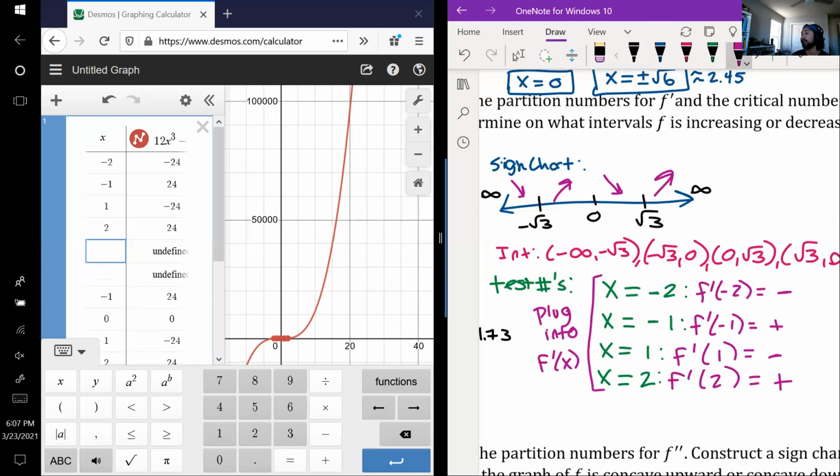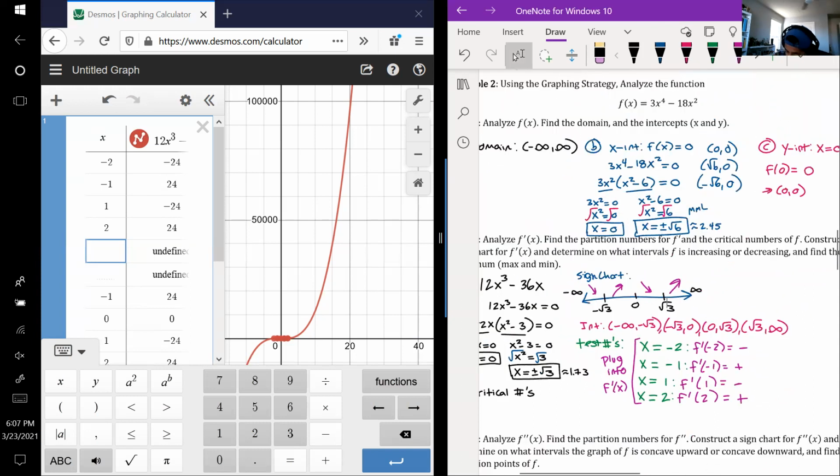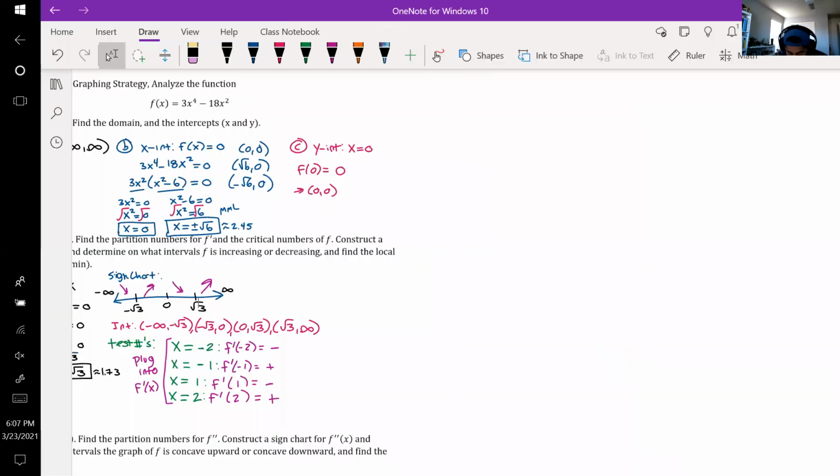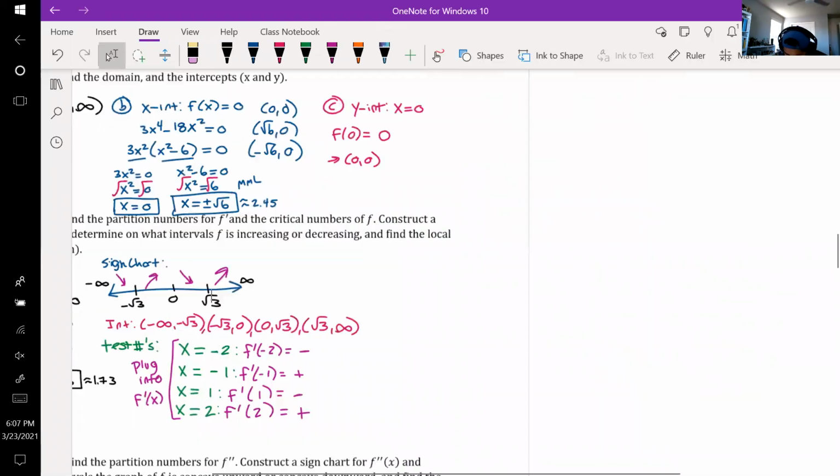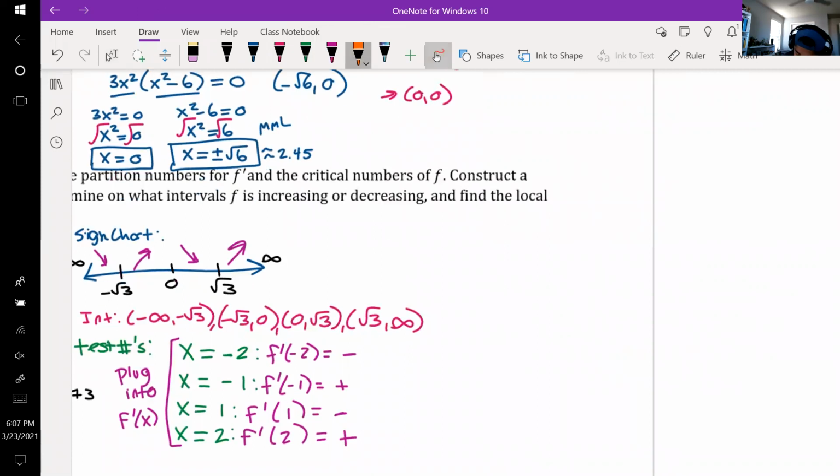Positive means we're increasing. Okay, which means we can answer the question for what are the intervals of increase and decrease based on this sign chart. Let me move that. Okay. So increase and decrease.